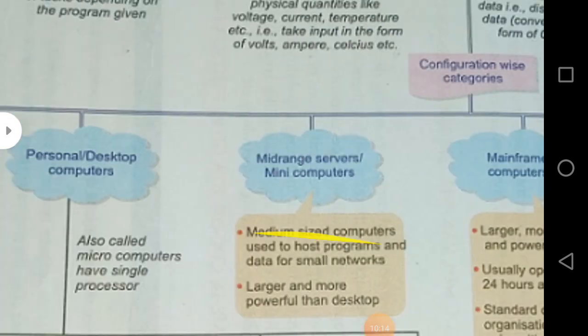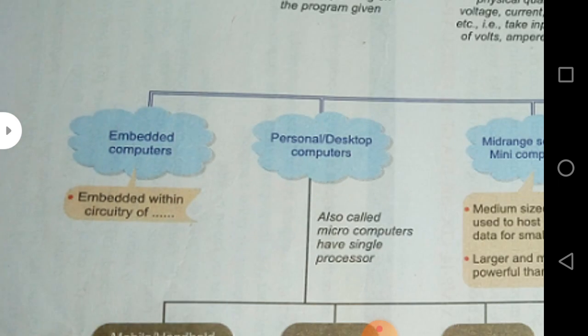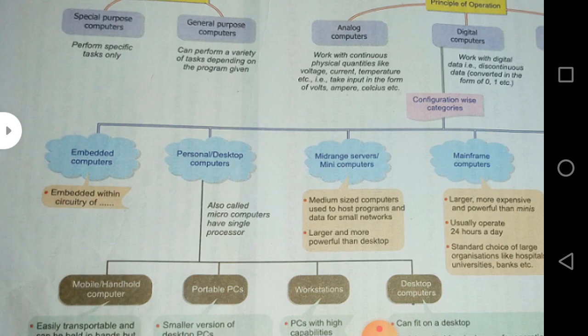One topic we did not discuss in our previous example is embedded computers. This is also a digital computer, embedded within the circuit of a machine, and used in home appliances such as washing machines, or in a petrol pump to calculate the price of petrol or diesel.